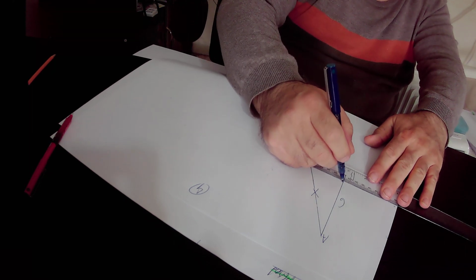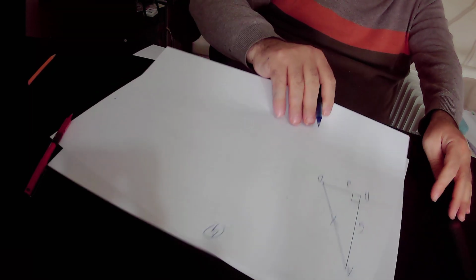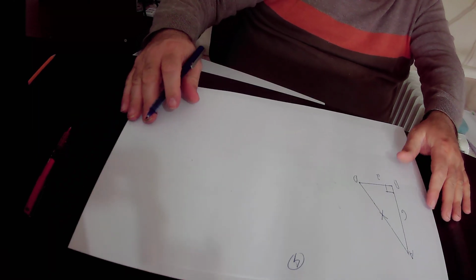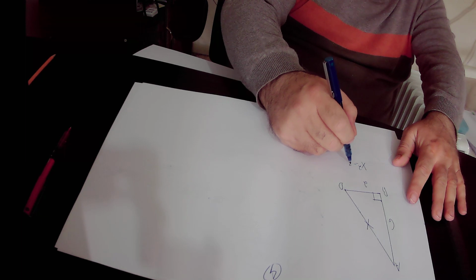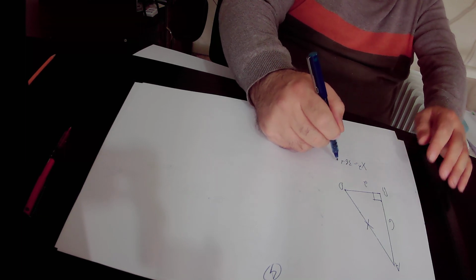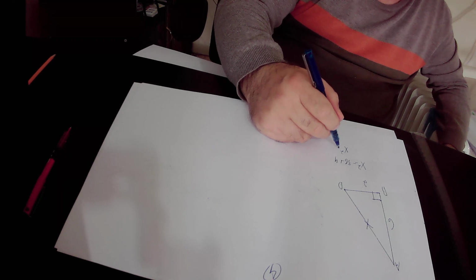The square of the hypotenuse equals the sum of the squares of the perpendiculars. That is to say, x squared equals 6 squared, that is 36, plus 2 squared, that is 4. So x squared equals 36 plus 4, which is 40.